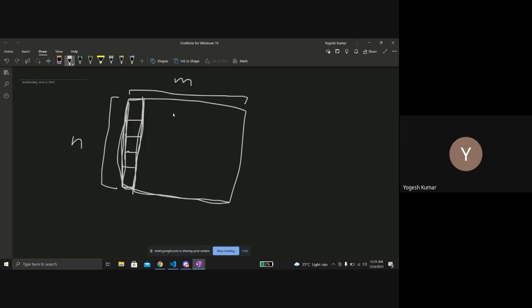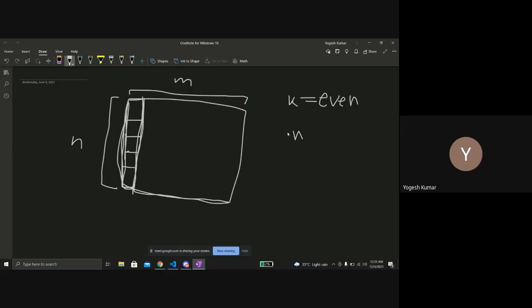So how I approached this was simply that I filled this up with vertical dominoes. I have to check first whether I can fill this with vertical dominoes or not. k was the number of horizontal dominoes that we have to fill the table with.